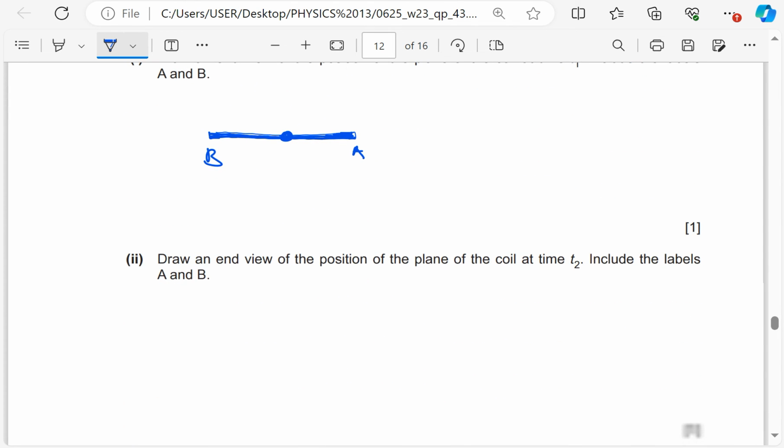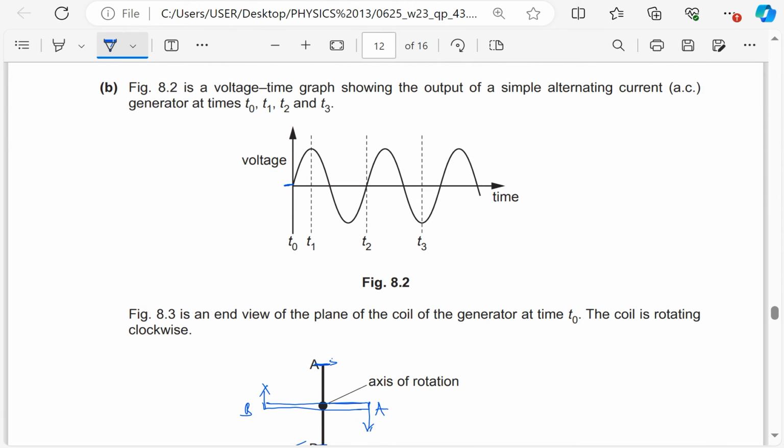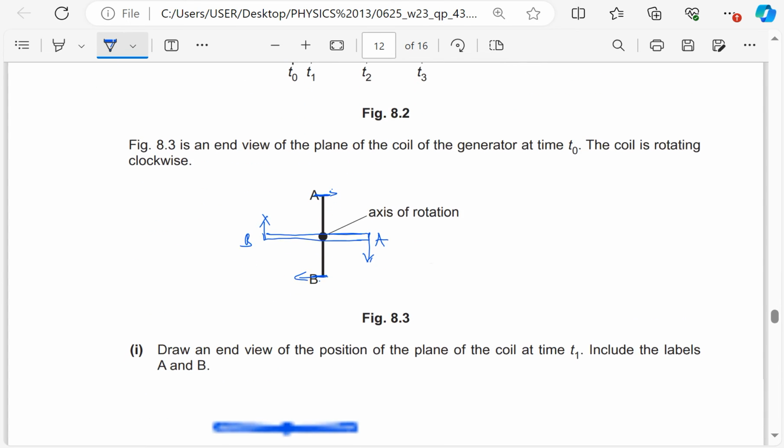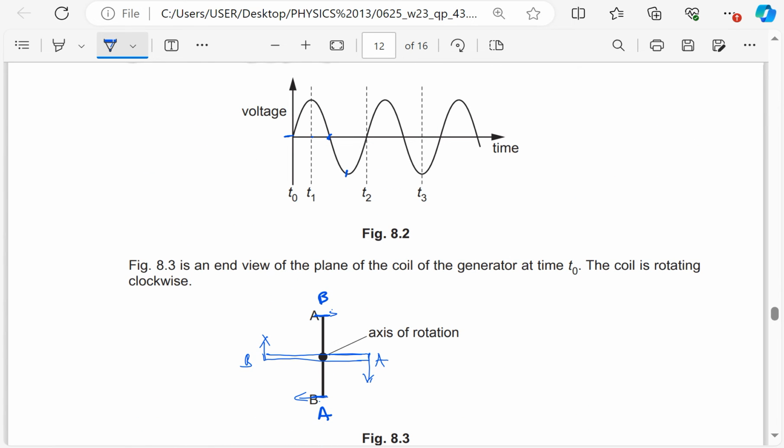Then draw an end view of the position of the plane of the coil at T2. So this was T1, then T2. This was a quarter, this is a half. Half a cycle means we come back where B will be here and A will be here. Then another quarter, B will be here and A will be here.